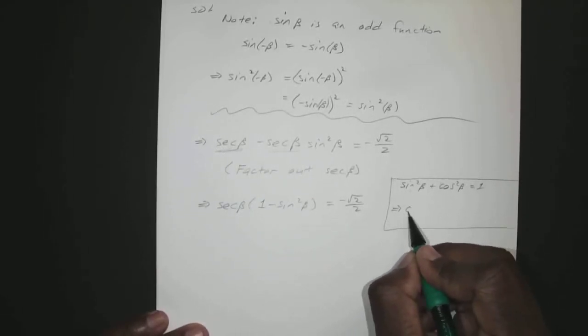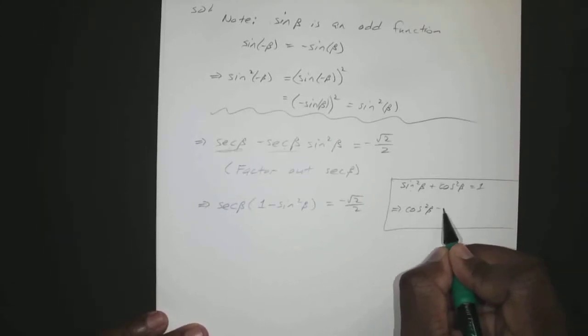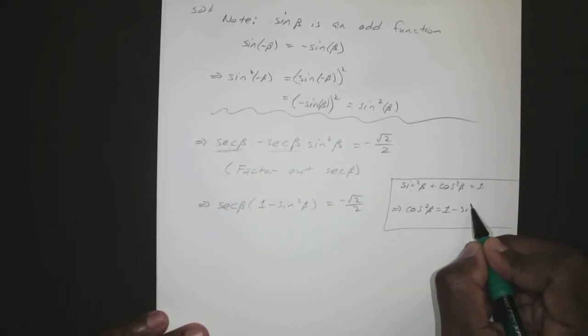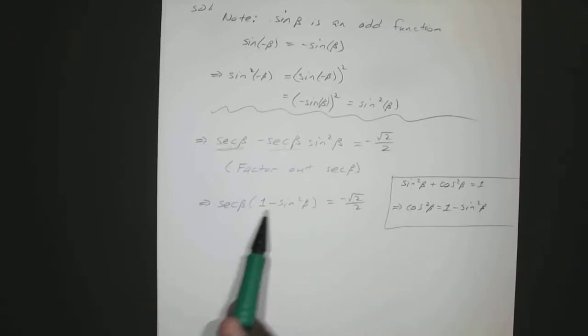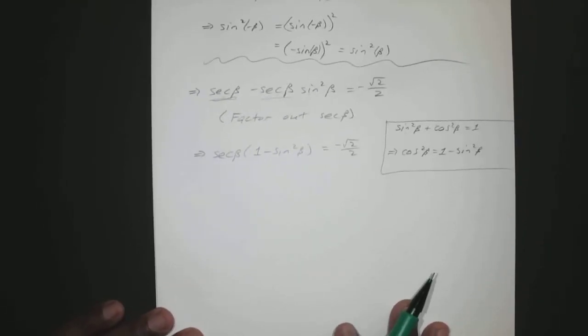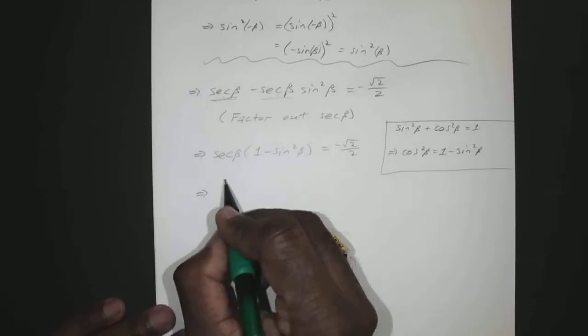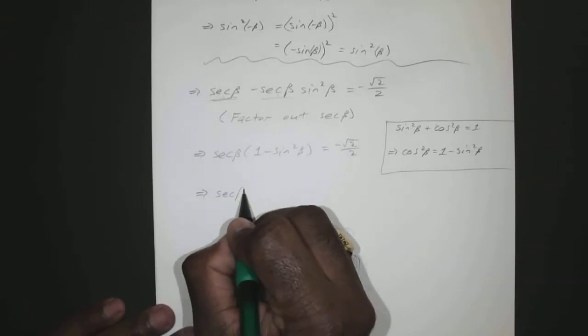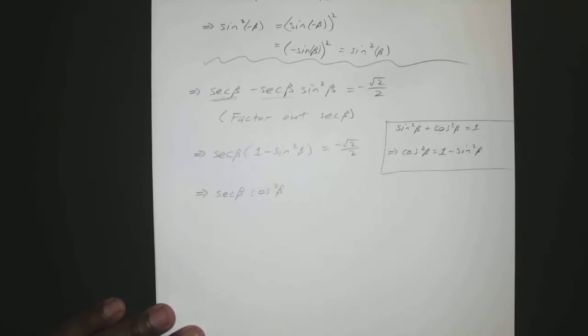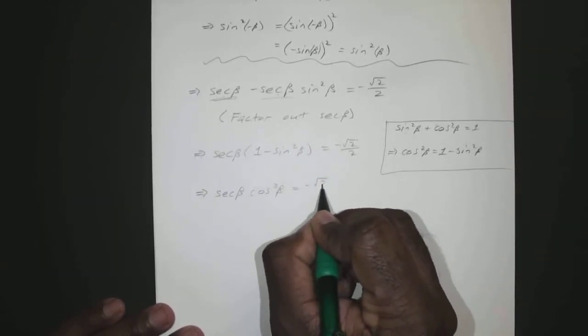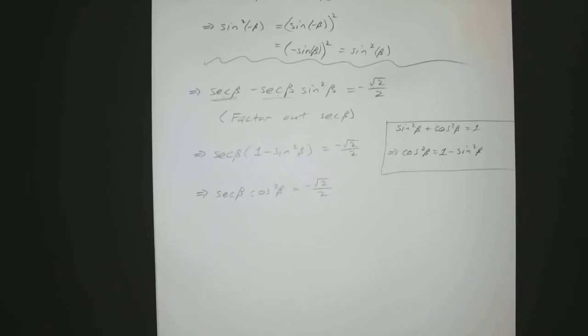So if we subtract sine squared from both sides, cosine squared equals 1 minus sine squared. So that 1 minus sine squared, we can replace with cosine squared. So we have secant of beta times cosine squared of beta equals negative square root of 2 over 2.